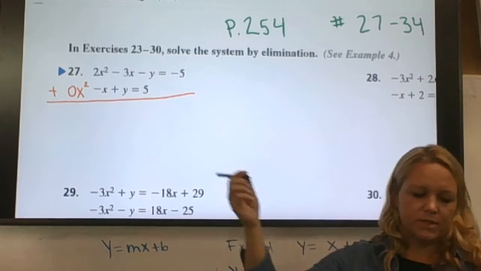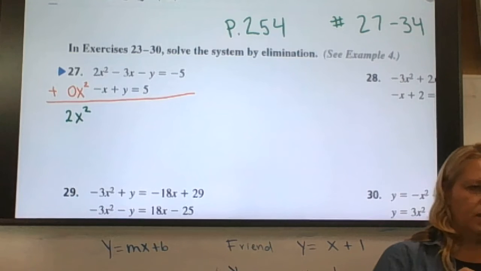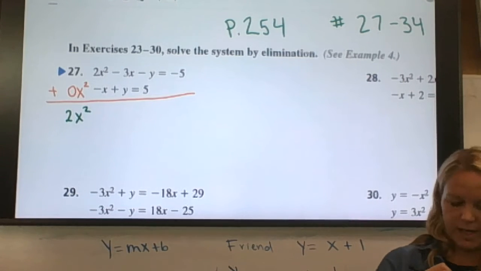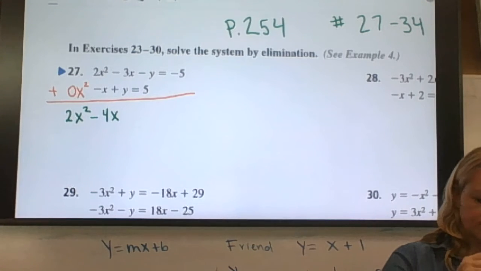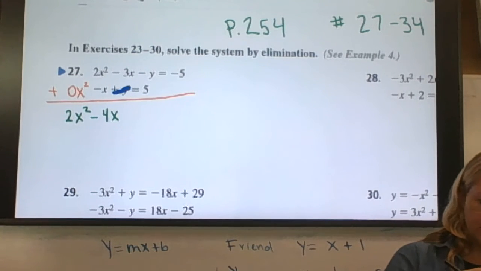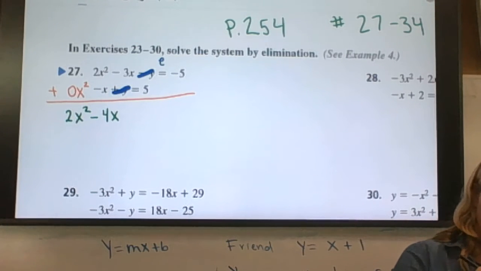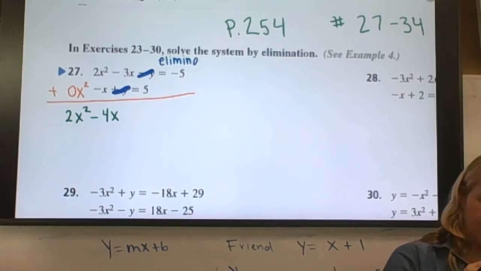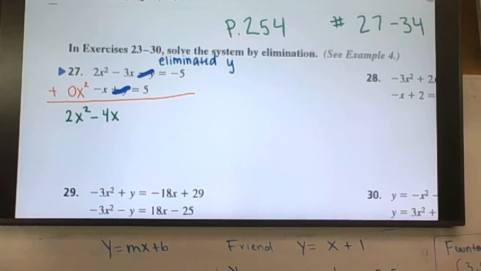So lining up the terms. I'm going to add down: 2 plus 0 is 2x squared. Negative 3x minus x will be a negative 4x. Opposite y's are eliminated. That's the whole goal, to eliminate y. And then negative 5 plus 5 is 0.